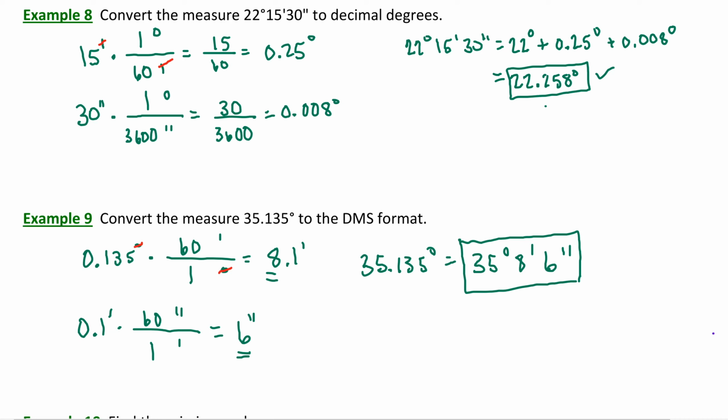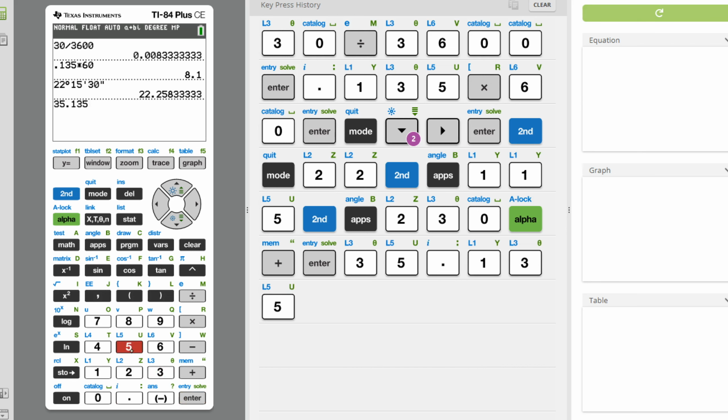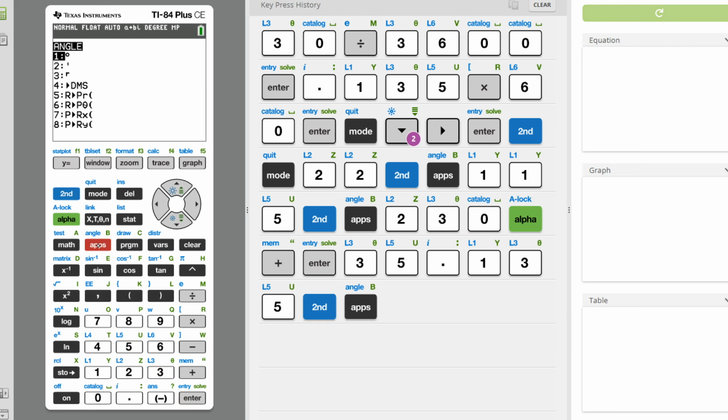You can go the other way as well. In example 9, we have 35.135 degrees, and we want to convert that to the degrees, minutes, and seconds format. So 35.135. I'm going to enter that value. Remember, we are in degree mode, so your calculator is going to read that as degrees. I'm going to go back to the angle menu, second angle.